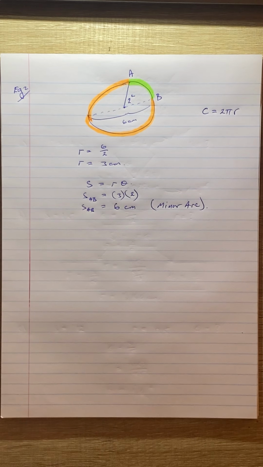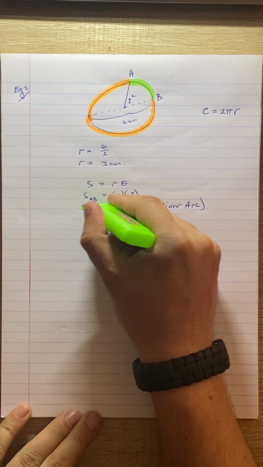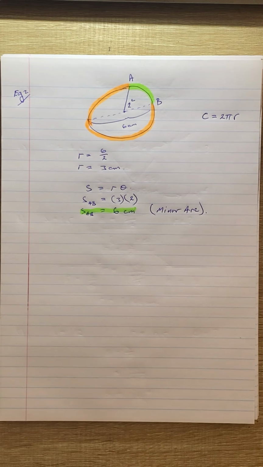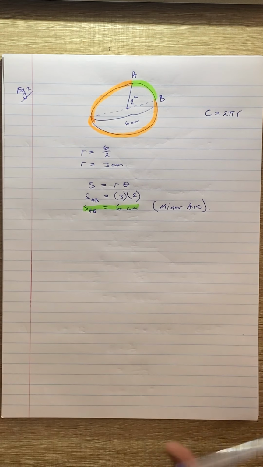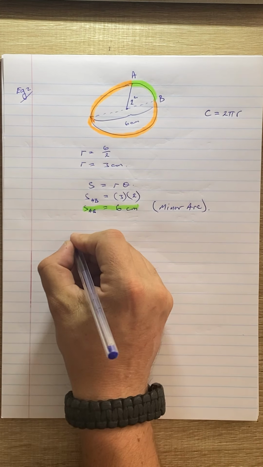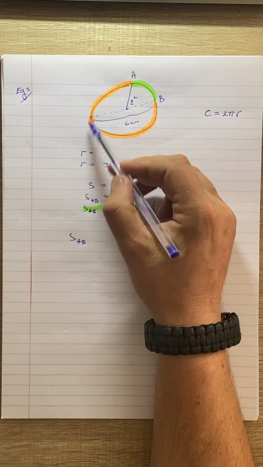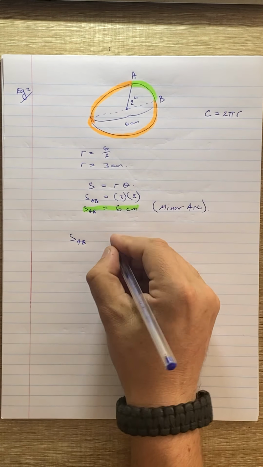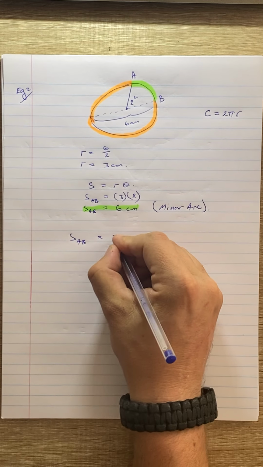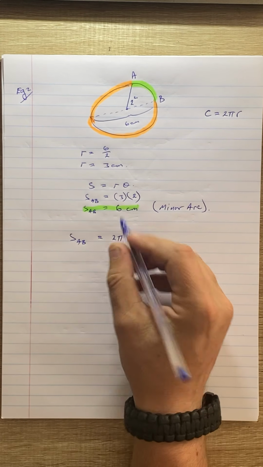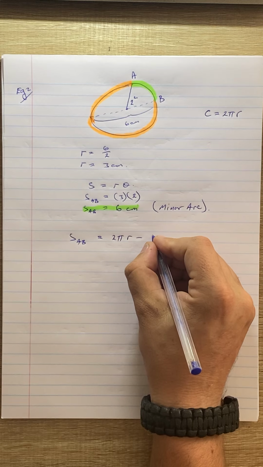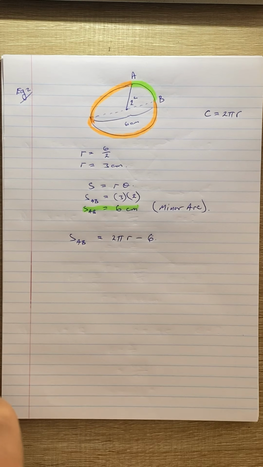So this answer, just remember, is the green bit. So what I'm going to do now is say that S of AB, now just remember this S of AB is the major part, okay? And this is going to be equal to 2 pi r minus this 6, our minor bit.